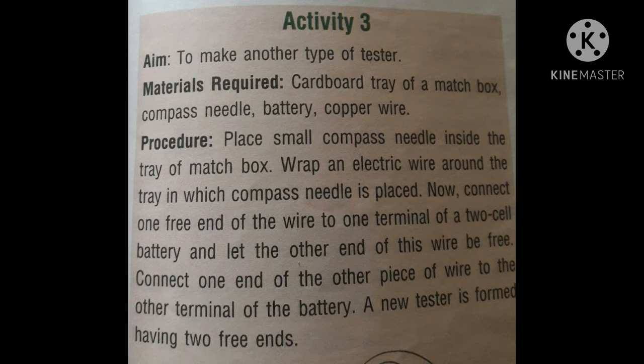Now connect one free end of the wire to one terminal of a 2-cell battery and let the other end of this wire be free. Connect one end of the other piece of wire to the other terminal of the battery. A new tester is formed having two free ends.